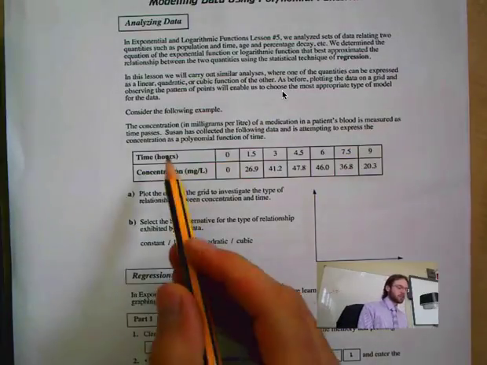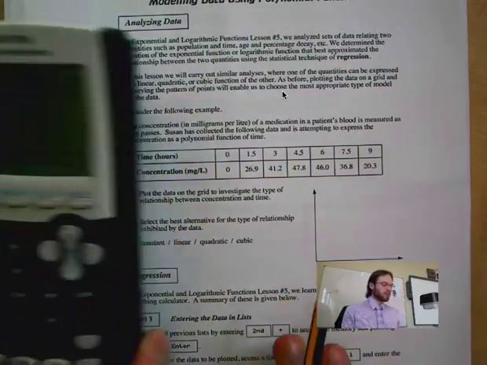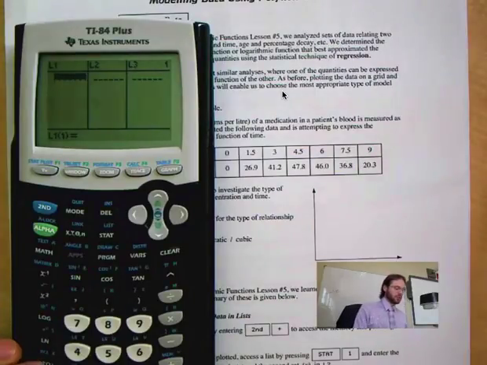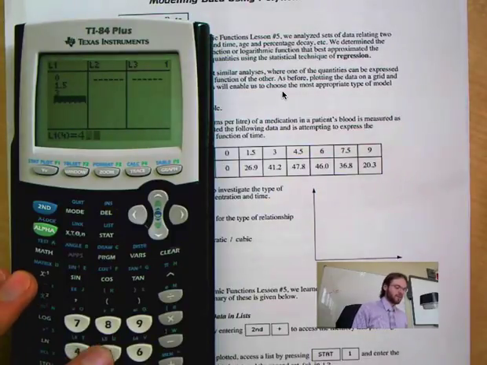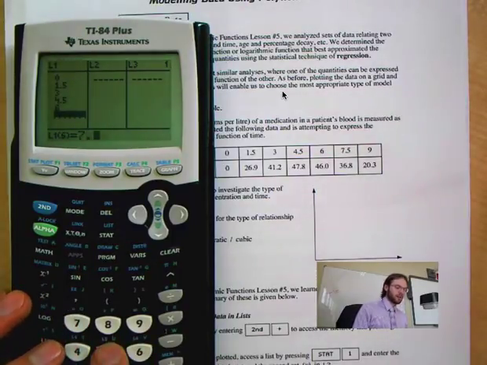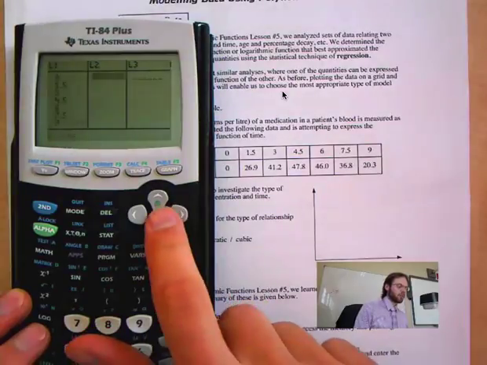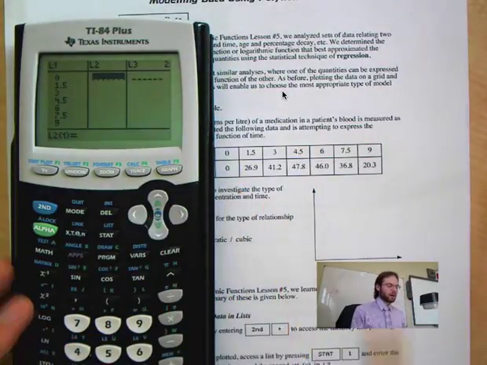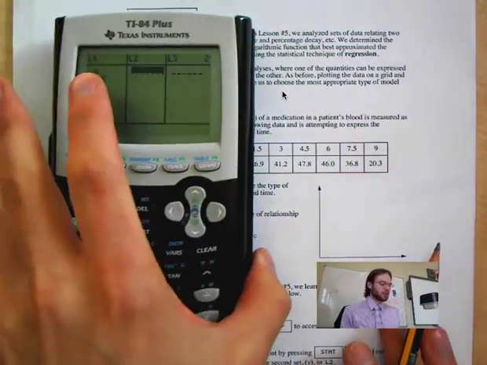So we're going to start off by just doing this here. We're going to plug in all of these. So time is going to be my x. So I have 0, 1.5, 3, 4.5, 6, 7.5, and 9. Go over, and we put in my y values, which is my concentration.